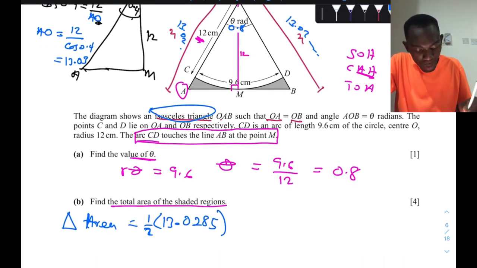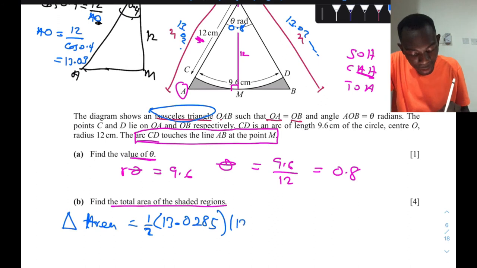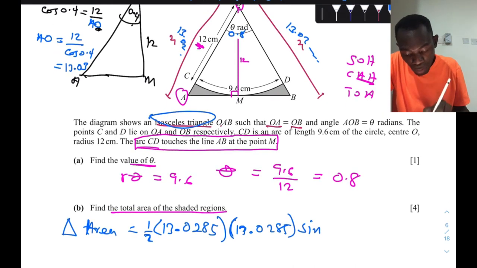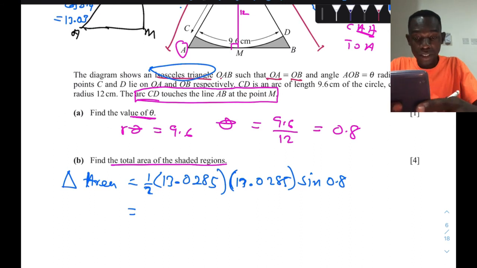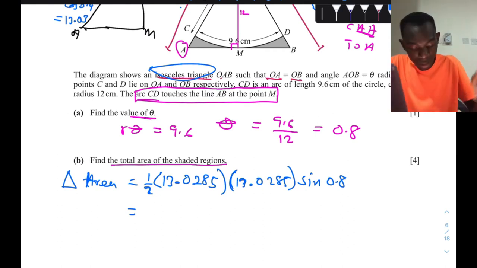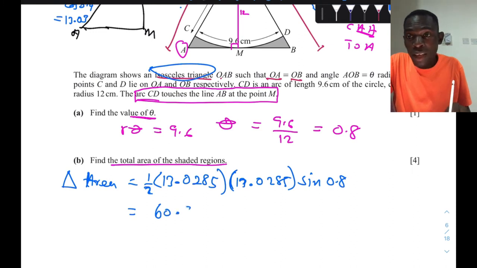Okay, so 13.0285 times the sine of the angle between them, which is sine 0.8. Quickly, let's put this on the calculator. So we have 0.5 times answer times sine 0.8. That will give us 60.8822. Okay, hold on there.